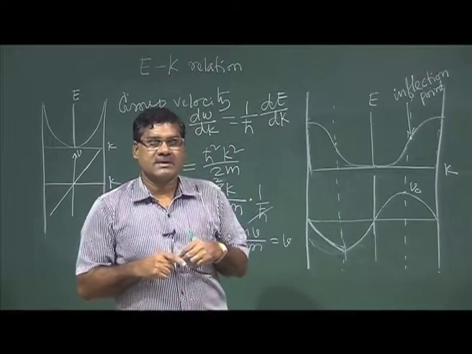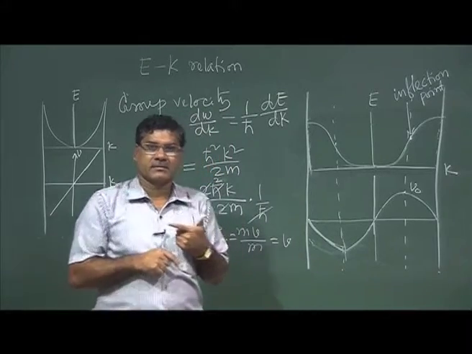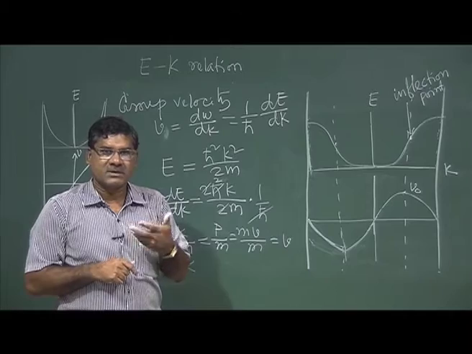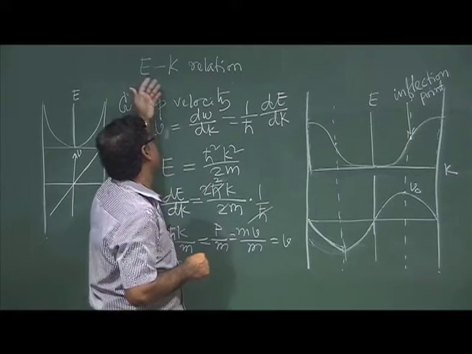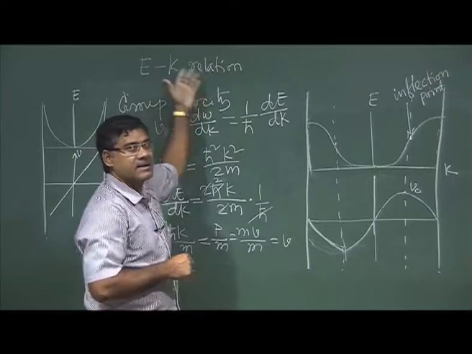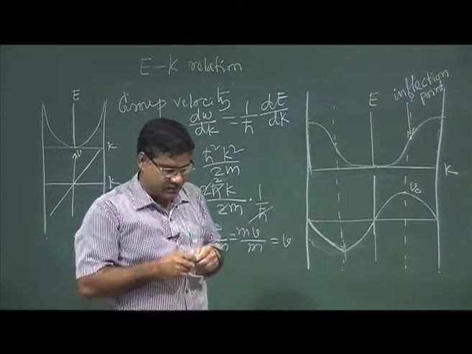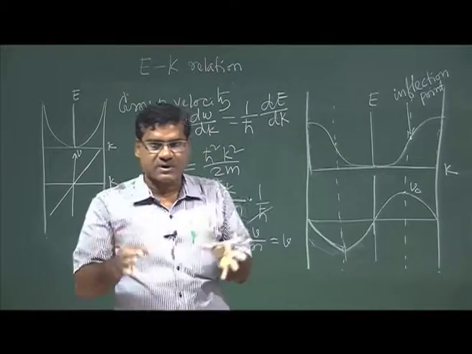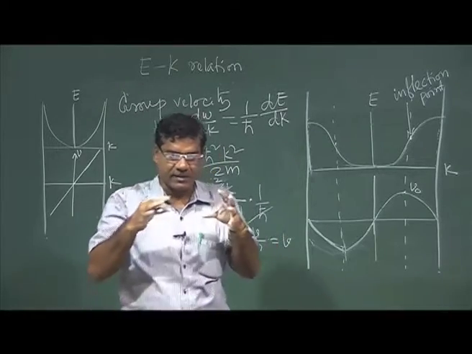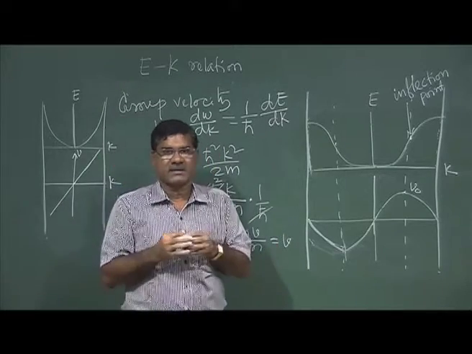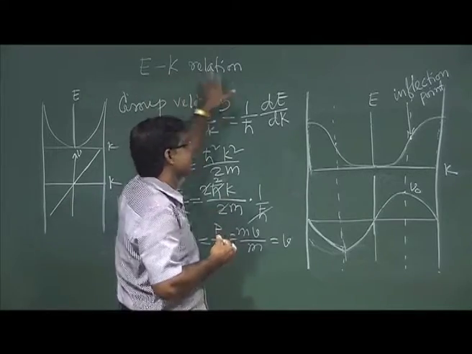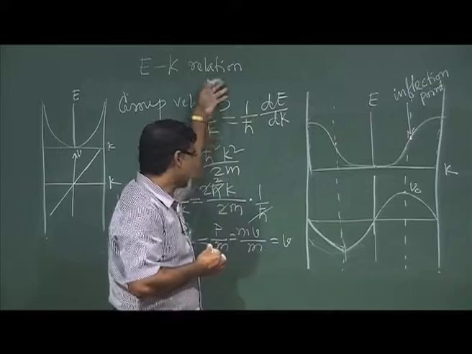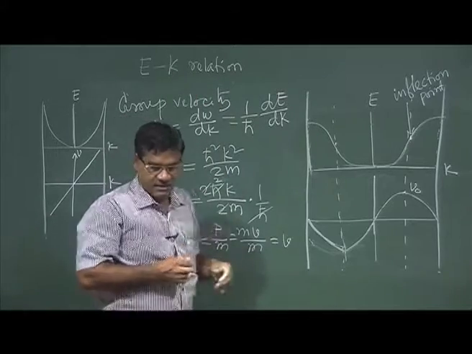So, it is important to notice that the velocity depends on the E-k relation for that electron, in which situation it is, in which environment it is. That environment will decide the E-k relation, and the corresponding velocity also follows that relation.